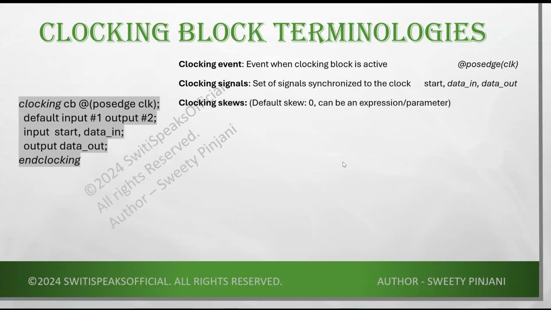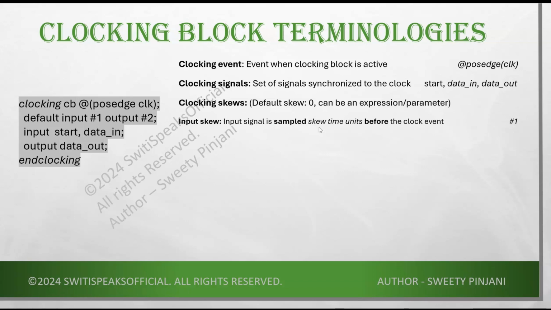Now, these clocking skews are of two types: input skew and output skew. Let's understand these now. First is input skew. Input skew refers to the input signal. In our case, we have specified the default input skew as 1. Your input signal is sampled skew time units before your clocking event.